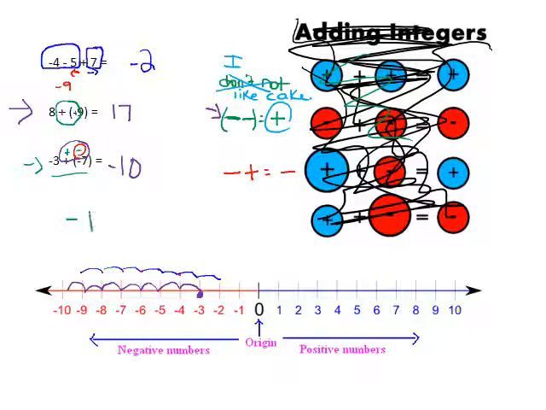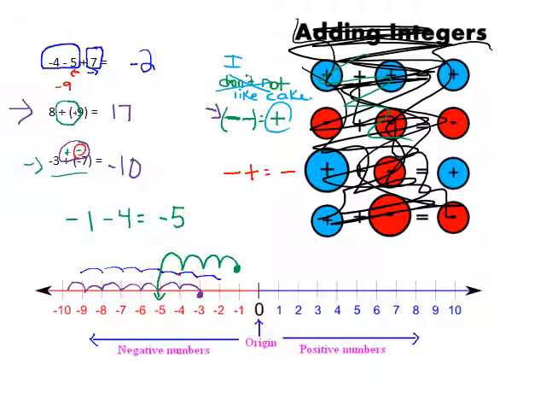Negative 1, negative 4. Starting here and jumping. 1, 2, 3, 4. We end up at negative 5.